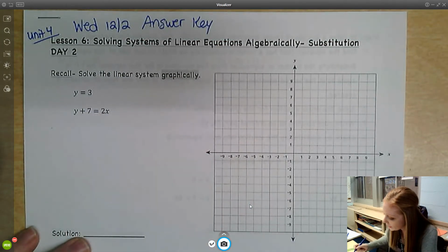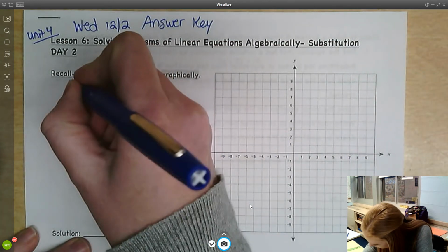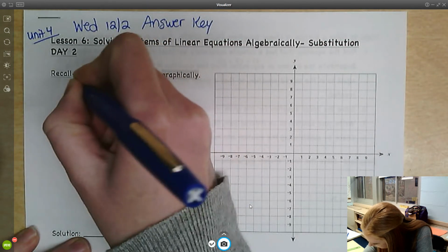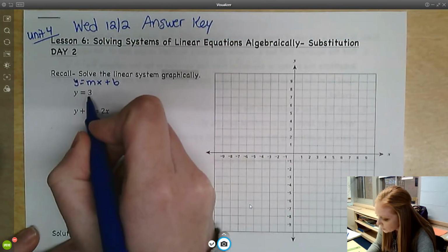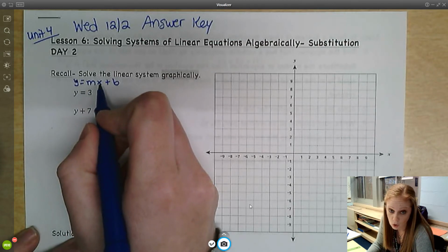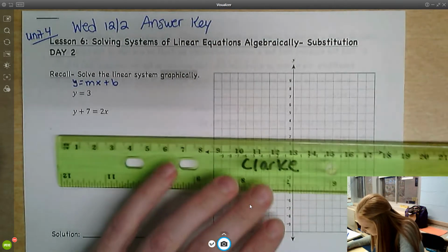So the line y equals 3, here I'll write y equals mx plus b. So in this case, we just have a y-intercept of 3. There is no slope. So y equals 3. We're going to go to 3 on the y-axis.